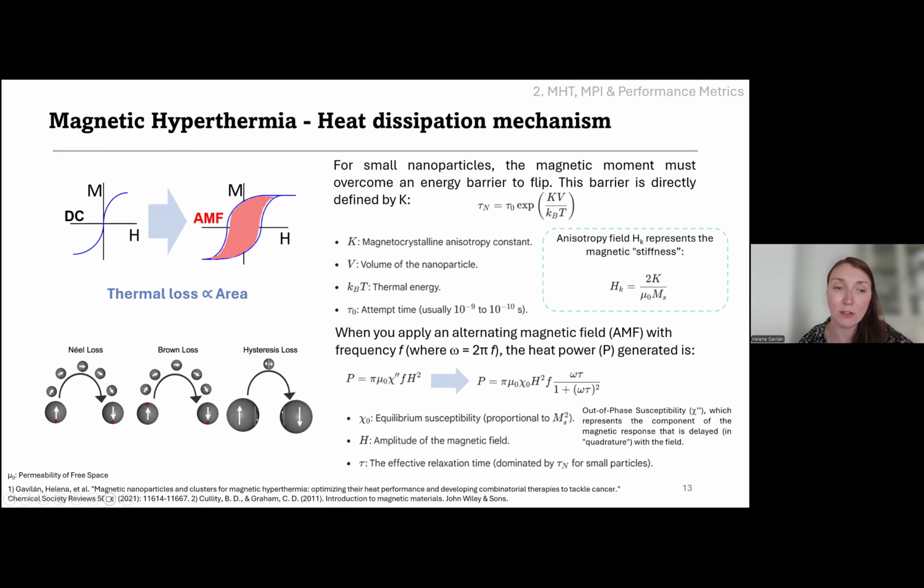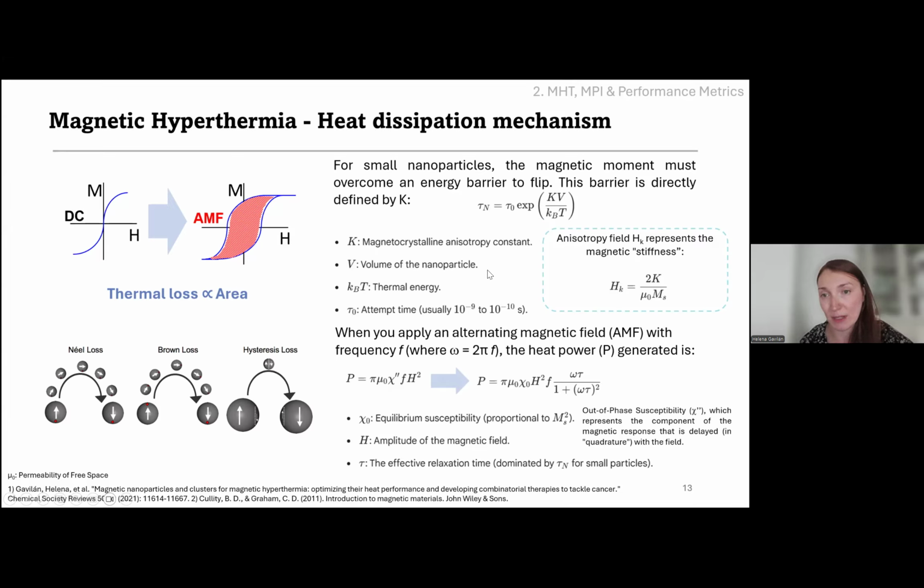But in the case of small magnetic nanoparticles, the magnetic moment must overcome an energy barrier to flip, and this barrier is directly defined by K, the anisotropy constant. So we will have this Néel magnetic relaxation.